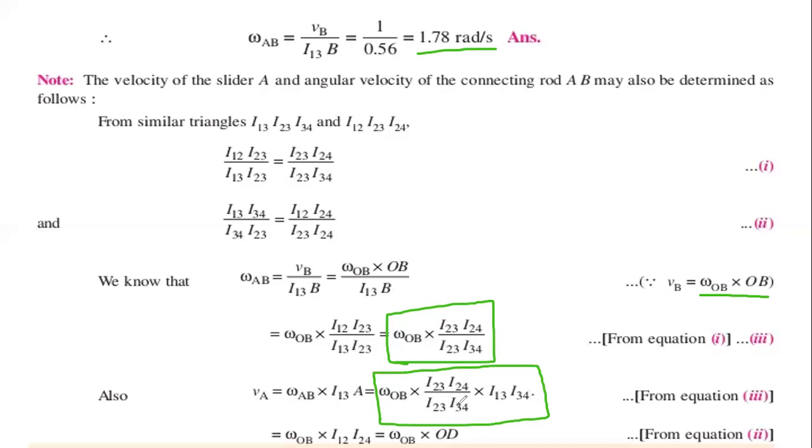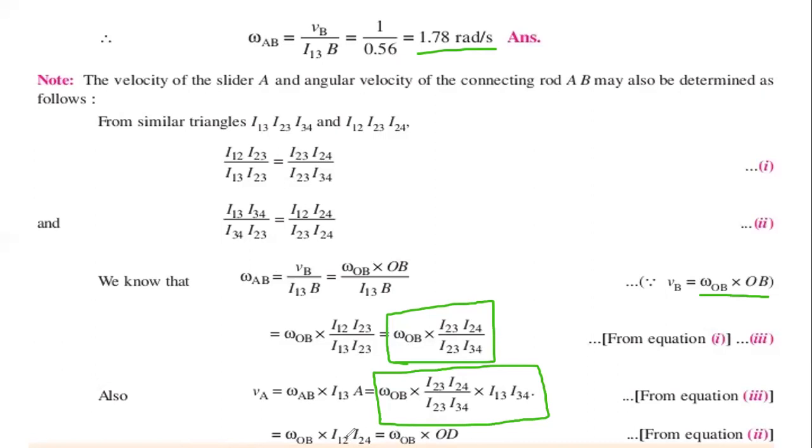These are the values divided by instantaneous centers 3 and 4, and these come from this equation. From equation 3 we have got this equation. So in total we got omega of OB into I24, which is omega of OB into OD.